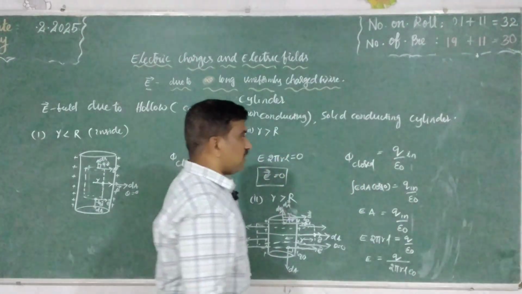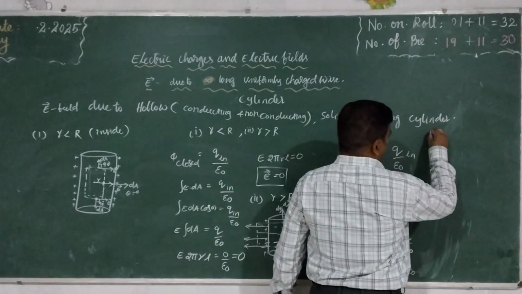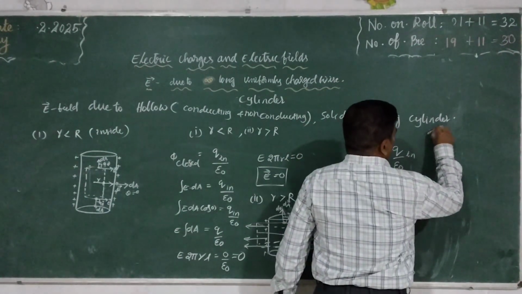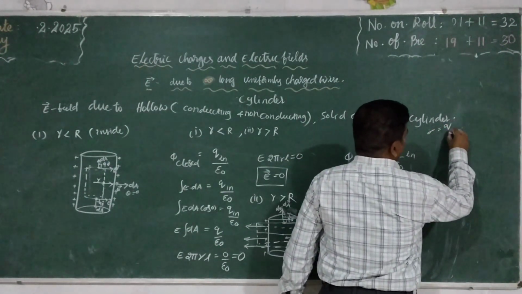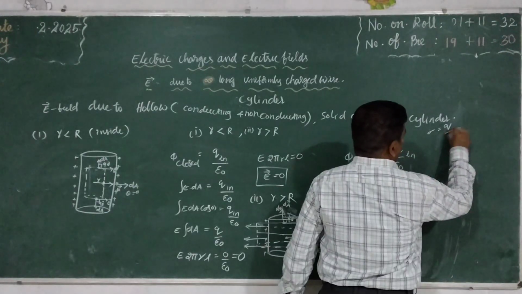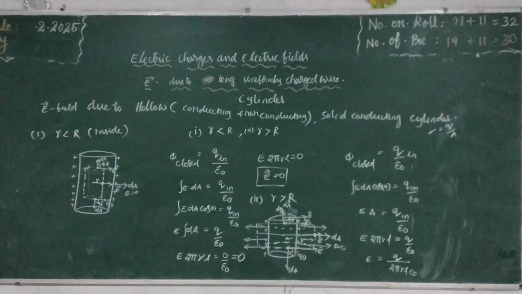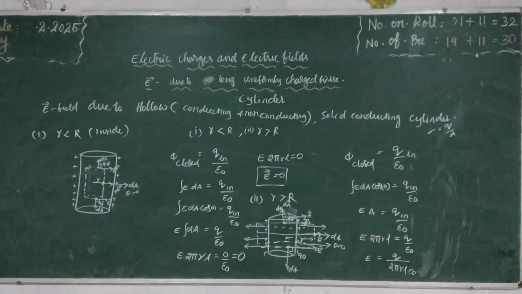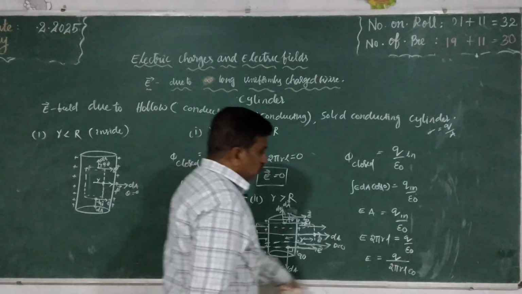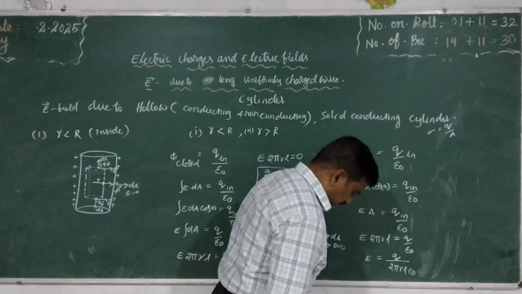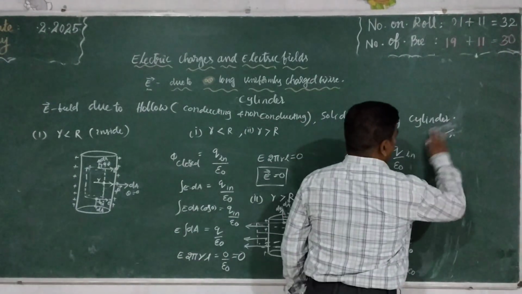So for that what we can write, sigma equals q by a. See, E equals q by 2 pi r l epsilon naught here. So not sigma, see lambda.